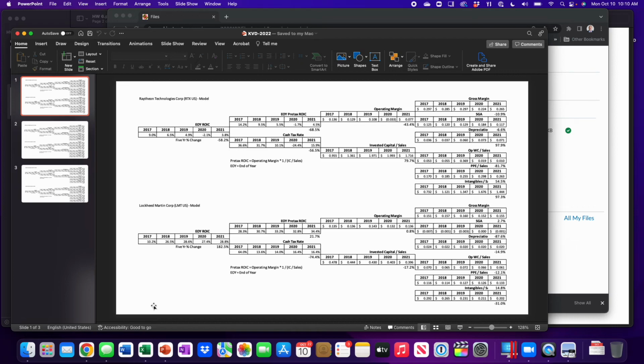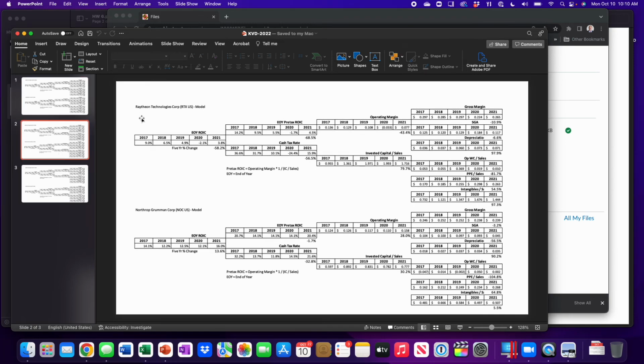Anyhow, if you search for the file, KVD-2022 PowerPoint. What I did is I basically did the CFI analysis for Raytheon against Lockheed Martin, and I put both trees side by side. So we're going to do a quick walkthrough of the defense and aerospace industry. We've got Raytheon versus Lockheed Martin.